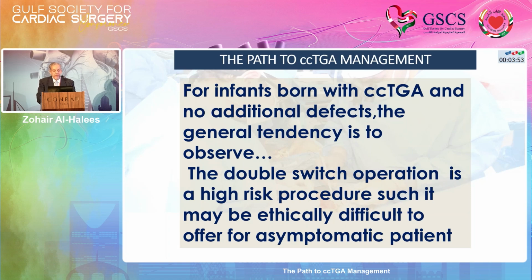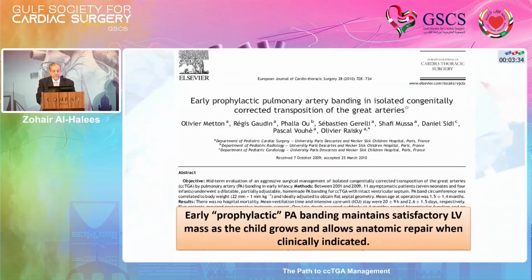The dilemma is always for infants born with ccTGA and no additional defects, and the general tendency in those patients is to observe. The reason for that is the fact that the double switch operation is a high-risk procedure, such that it may be ethically difficult to offer for asymptomatic patients.